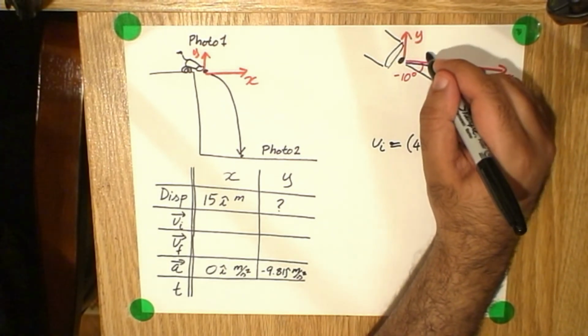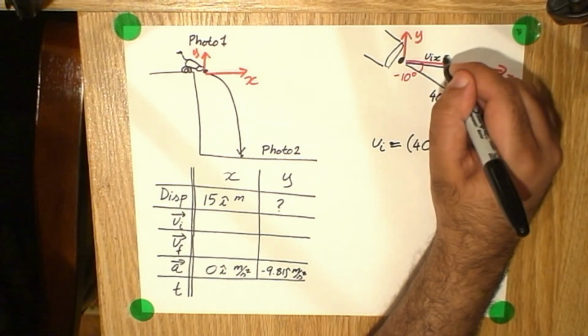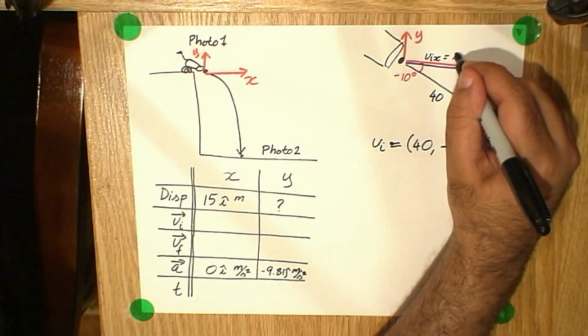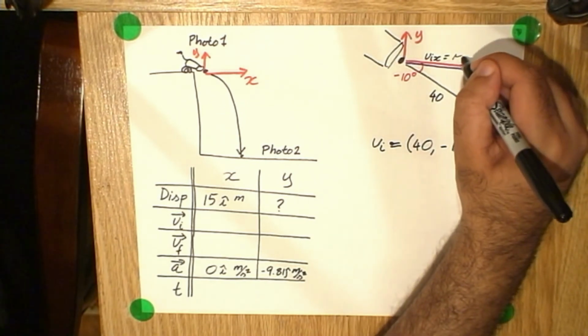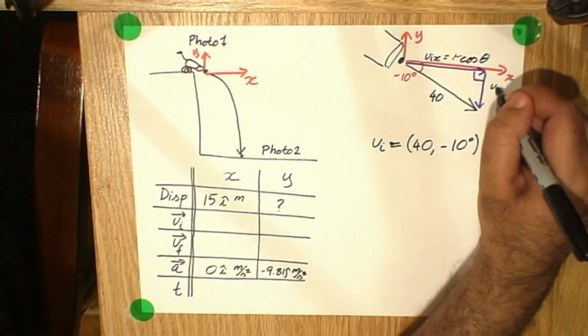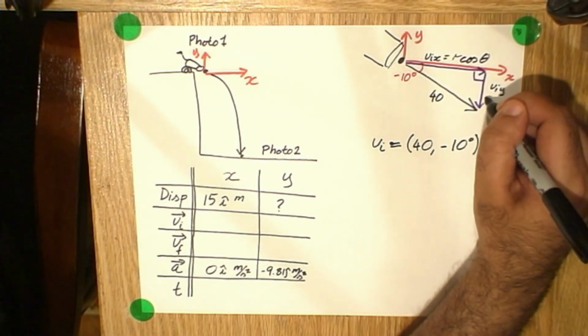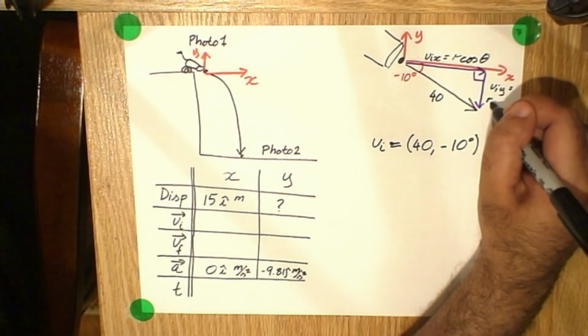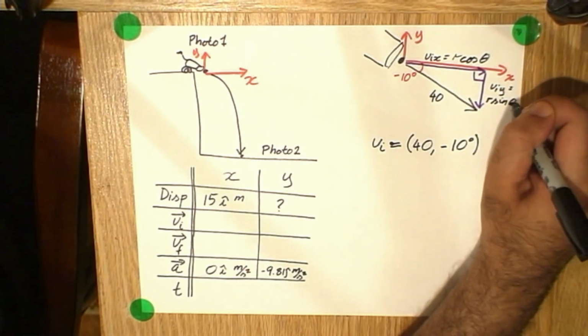The x component, Vix, is always given as r multiplied by the cosine of theta. And the y component, Viy, is always given by r sine theta.